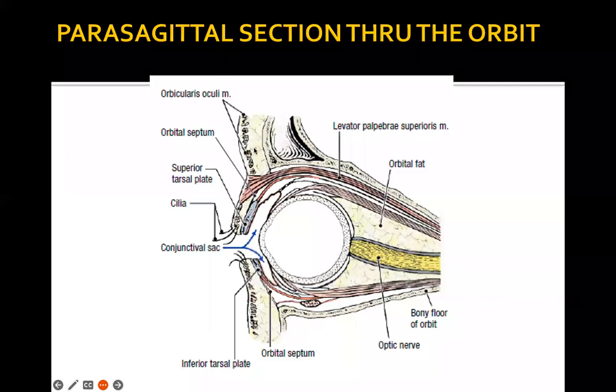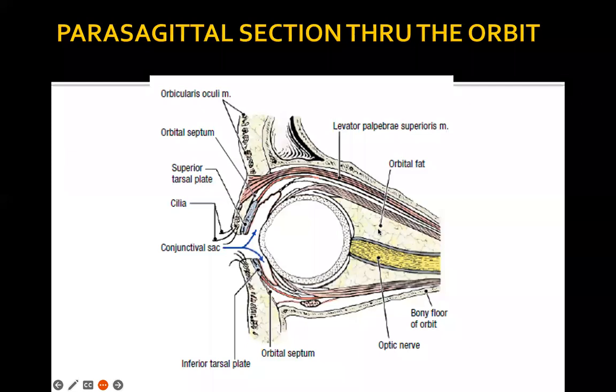So this is another diagram we can use to navigate. The orbicularis oculi muscle, okay, that's the muscle that is around the eyeball externally, not the extraocular muscle. So orbicularis is a facial muscle. That is the orbital septum, superior tarsal plate, cilia, conjunctiva, inferior tarsal plate, orbital septum there, optic nerve, and bony floor of orbit.